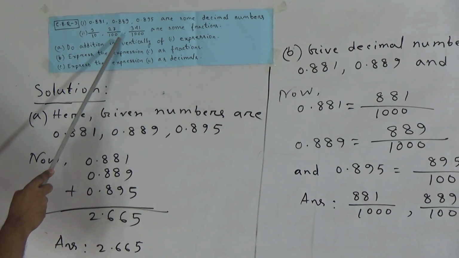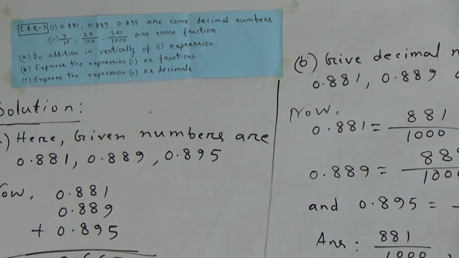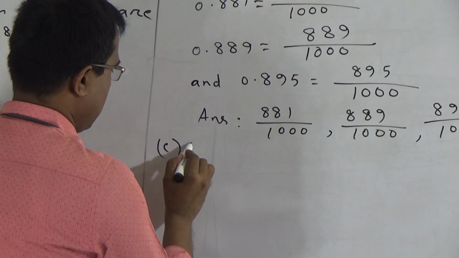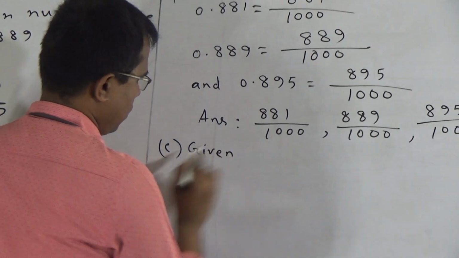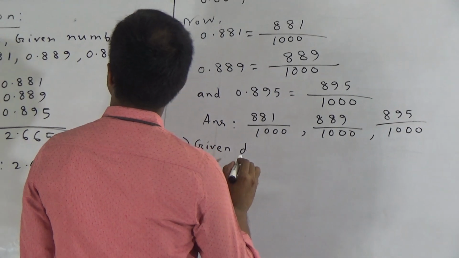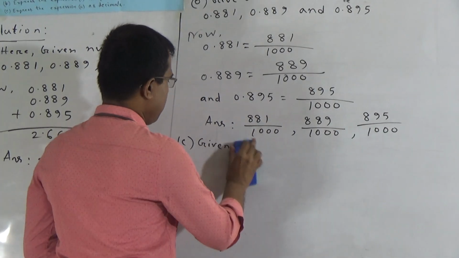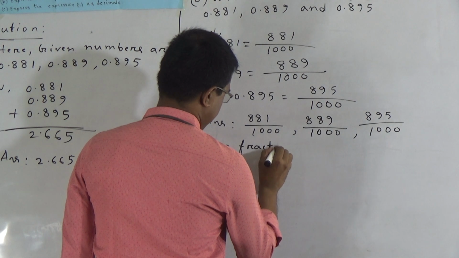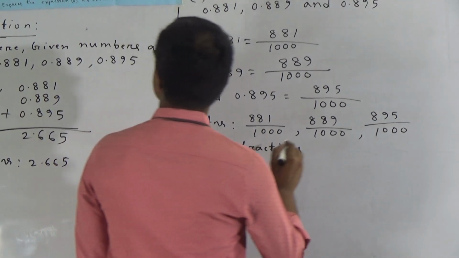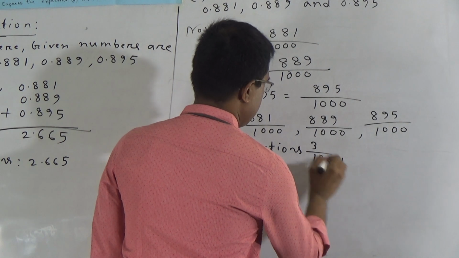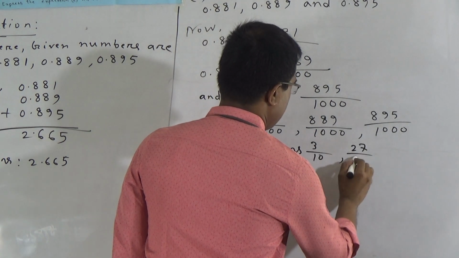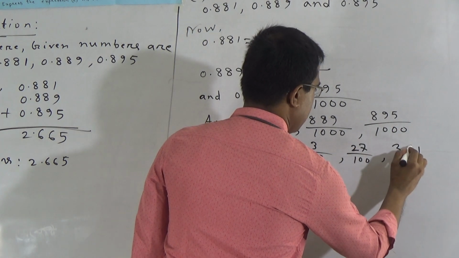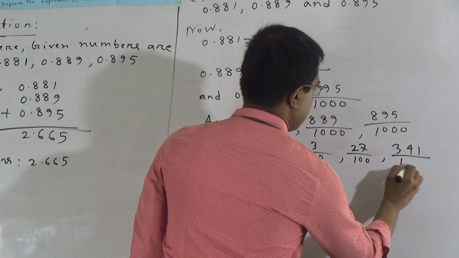In expression 2 some fractional numbers are given and we have to convert them into decimals. The given fractions are 3 by 10, another one is 27 by 100 and another one is 341 by 1000.